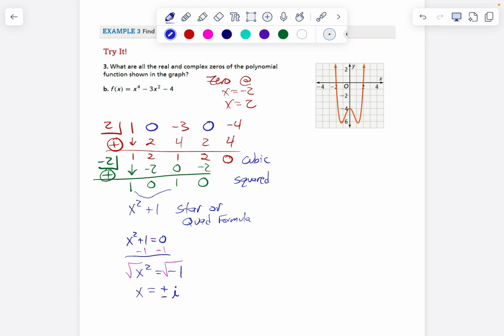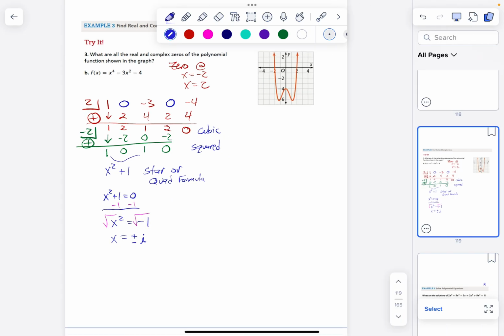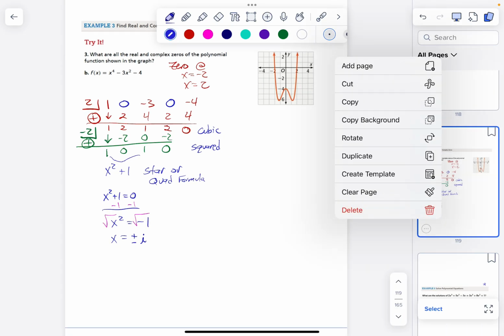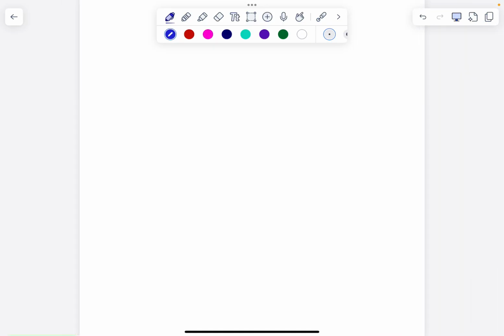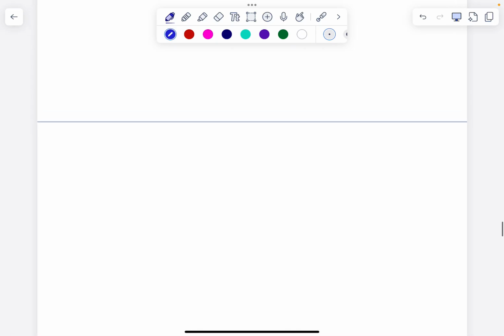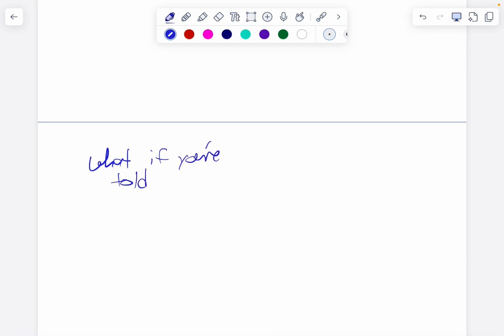Okay? All right, what if you're given, maybe write this one down wherever you're writing this stuff. We're not going to do this whole problem. I'm not going to be able to make something up that works. But let me just ask you this. What if you're told this is a factor?